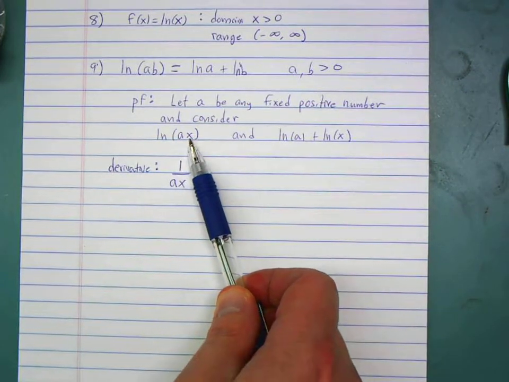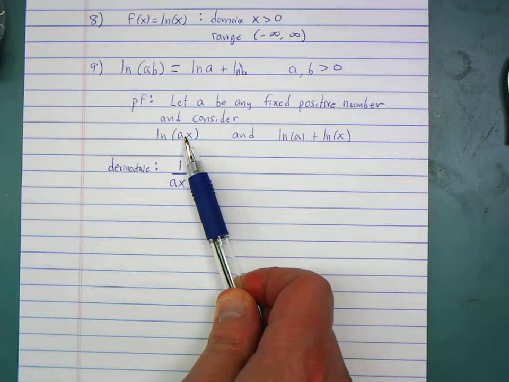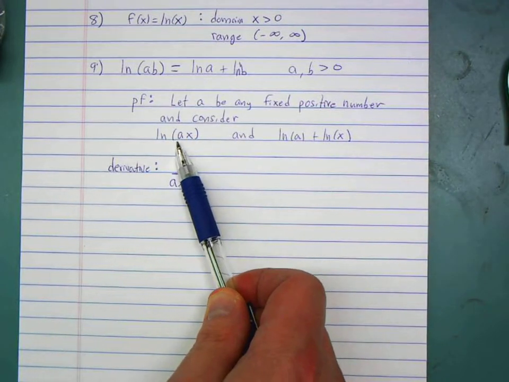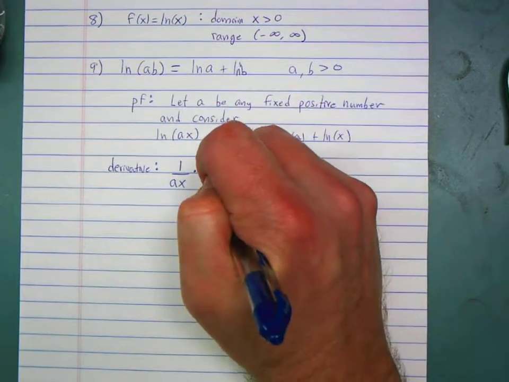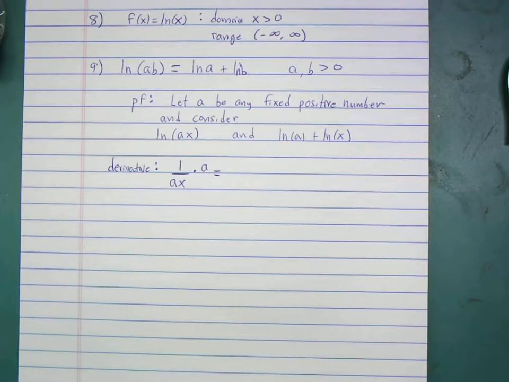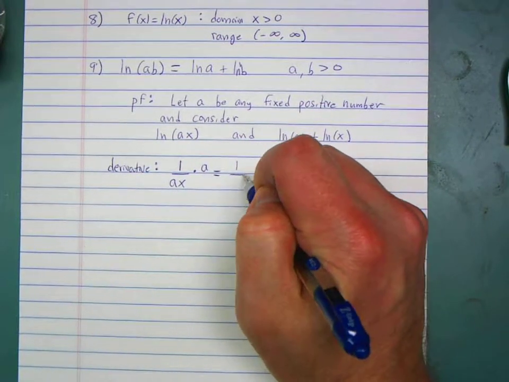And then this is an x. What's the derivative of 7x? 7. So what's the derivative of ax, where a is just a fixed number? It's just a. So the derivative of the left-hand side is 1 over ax times a. I can simplify that. That's 1 over x.